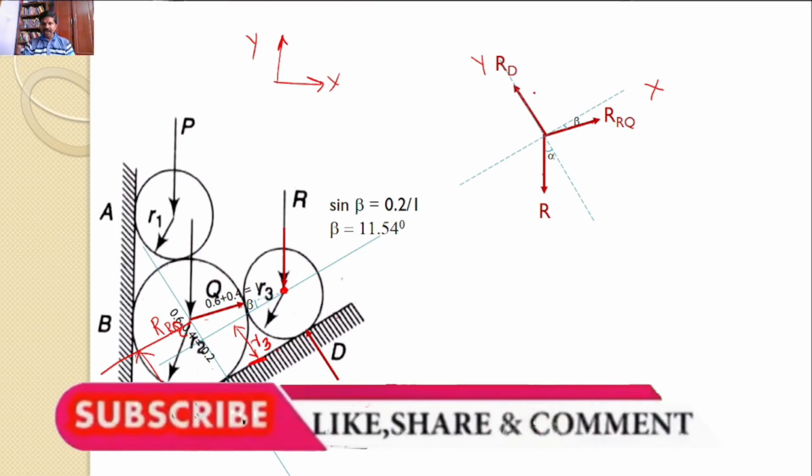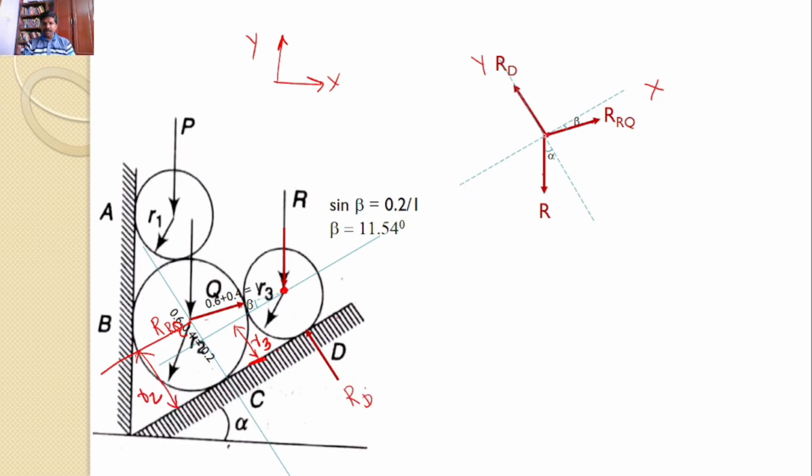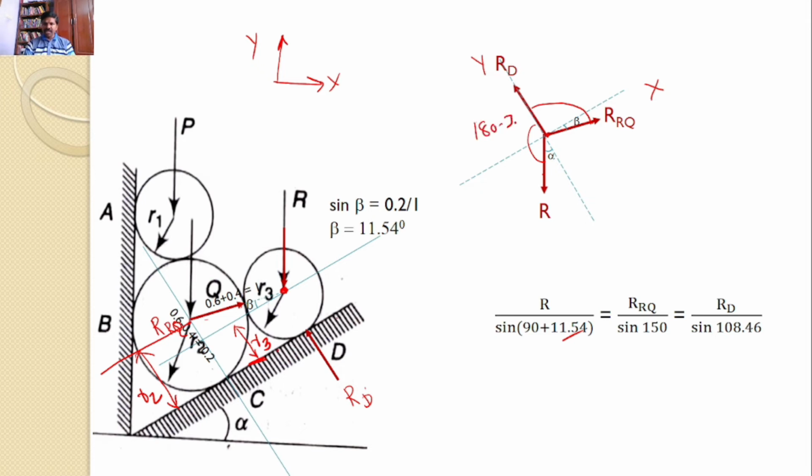Now here also I can find three forces. All three forces are meeting at a particular point and divergent. So I can apply the sine rule. According to the sine rule, R divided by sine of the angle between these two forces, that is 90 plus 11.54, and RQ divided by sine of the angle between these two forces, that is 180 minus alpha. Alpha is given as 30. 180 minus 30 is equal to 150.